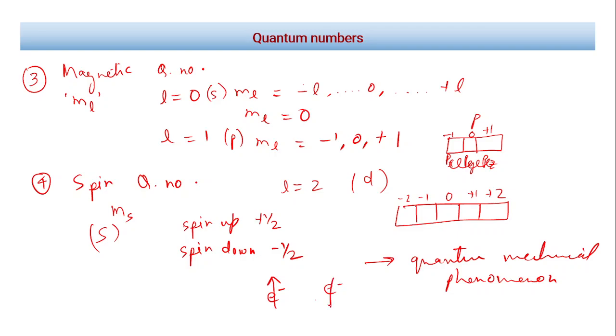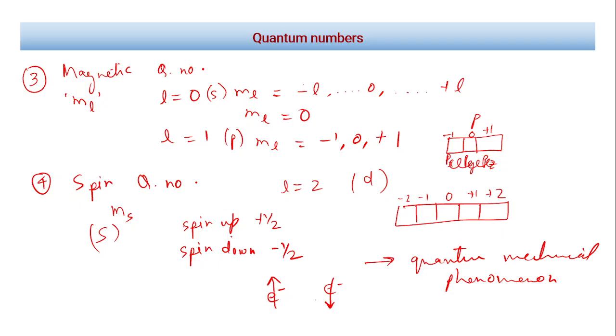Electron is not spinning. It's just the word that came. This is how it actually happens every time in science: we have some hypothesis, we think this is how the phenomenon is happening, and then we just give it some name, and later we get to know its actual reason or cause.